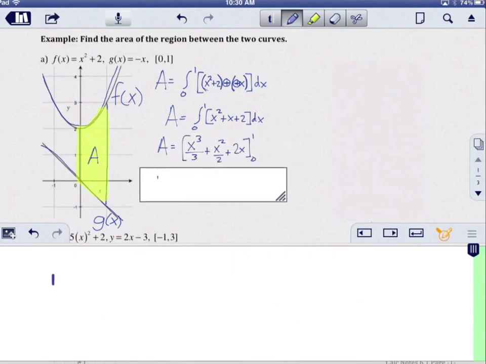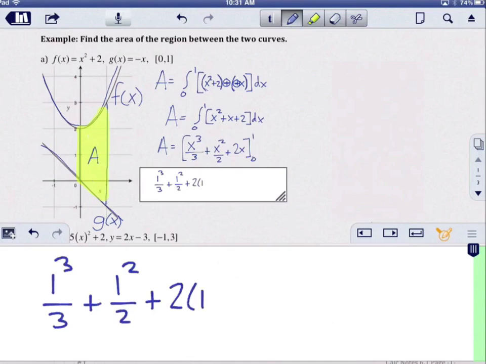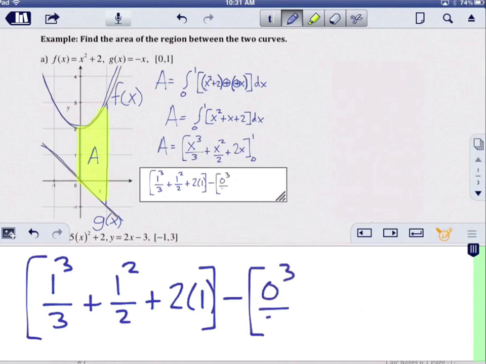So we're going to plug in our 1 first. 1 cubed over 3 plus 1 squared over 2 plus 2 times 1. And this is going to be minus 0 cubed over 3 plus 0 squared over 2 plus 2 times 0.